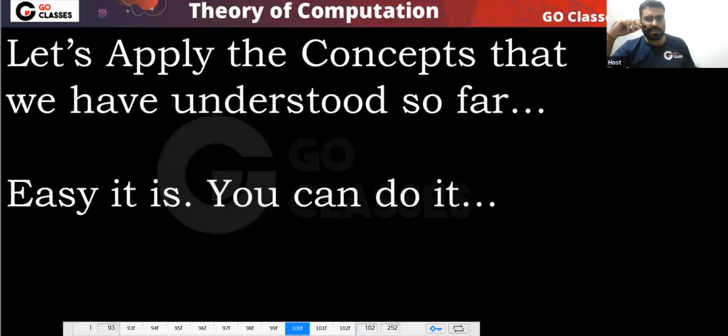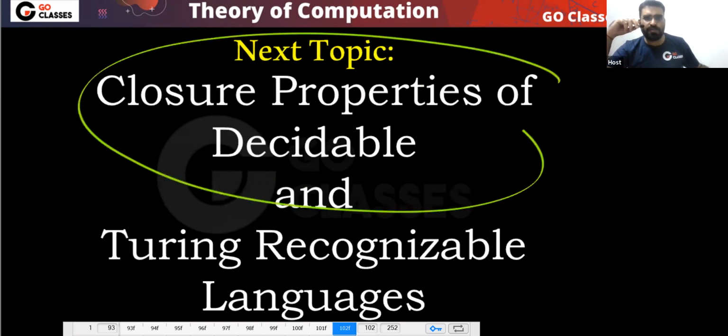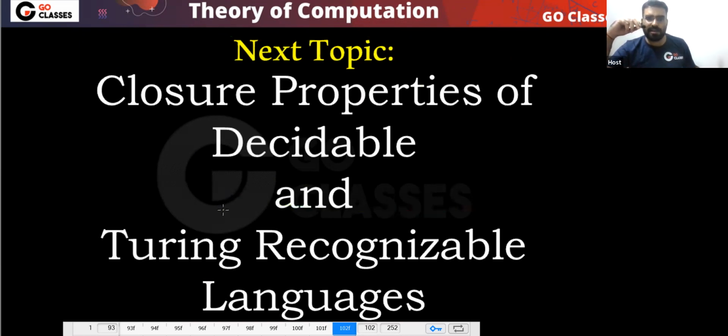Okay, now let's start the next topic. The next topic is: all the concepts that we have seen, can you apply those concepts? Very simple. Just apply your ideas, everything that you already know. Now we will see the closure properties of decidable and Turing recognizable languages.